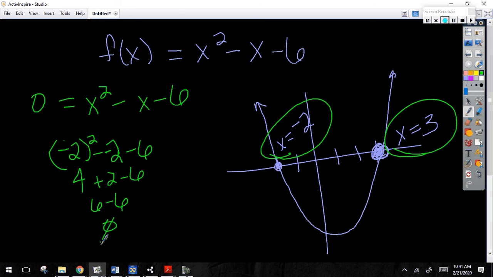Same thing if I plugged in 3: 3 squared minus 3 minus 6, which would be 9 minus 3 minus 6, which would be 6 minus 6, which is 0. Both of those x values will give you 0 in the equation.